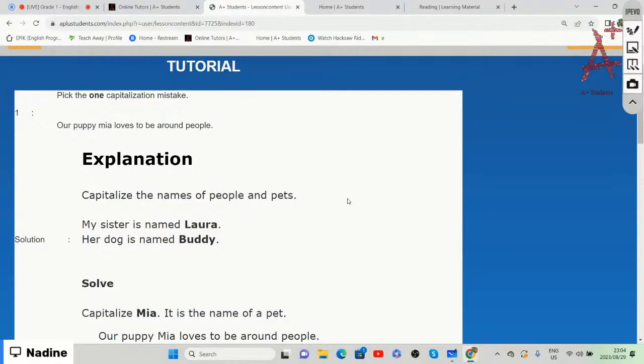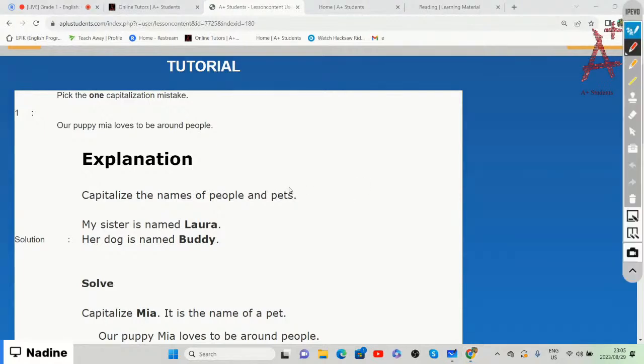So we capitalize all our names, whether it is names of our parents, names of our siblings, names of our friends, right? We write it with a capital letter. So if your friend's name is Mia, for example, right? Then it means that Mia's name is going to be with a capital letter, meaning it's going to be with a big letter M, for example, right?